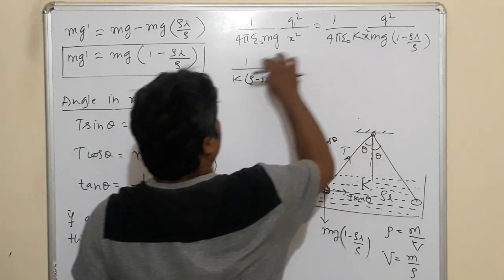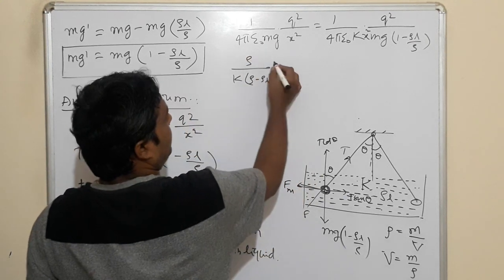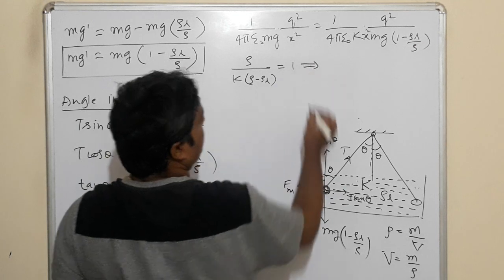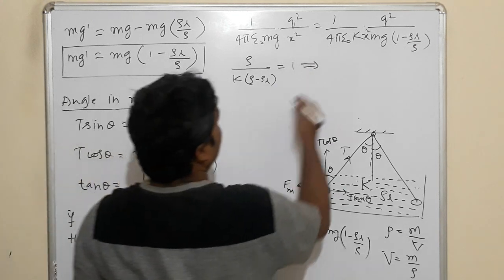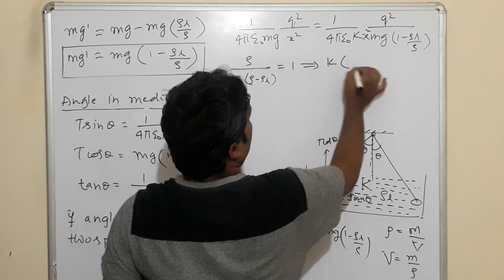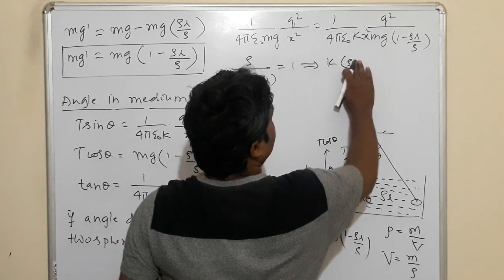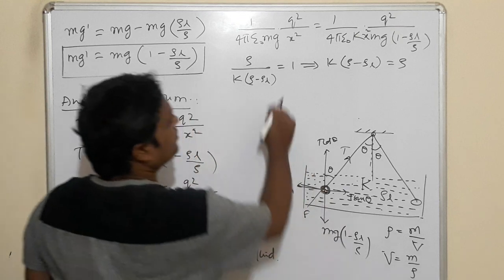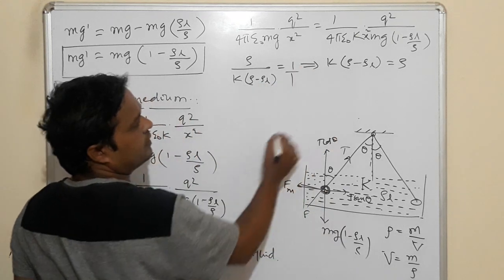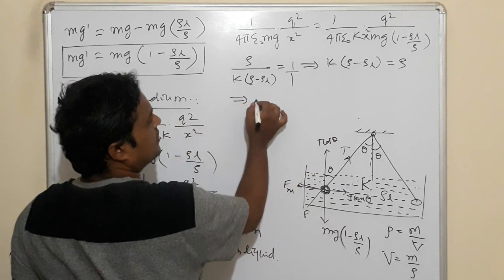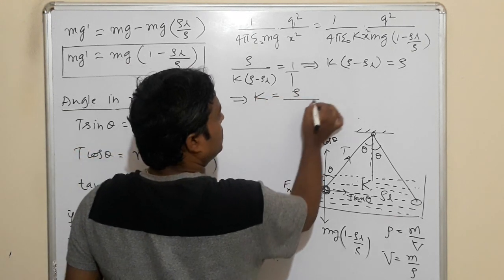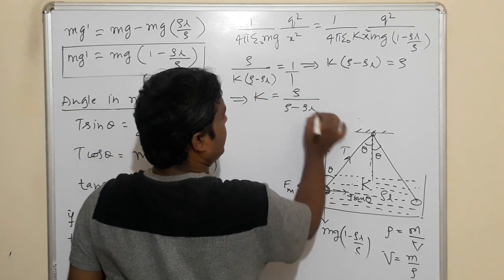That I will take to the numerator, and only 1 will remain on this side, which implies that k into rho minus rho L is equal to rho. Cross multiplying, what will we get? The dielectric constant is equal to rho divided by rho minus rho L.